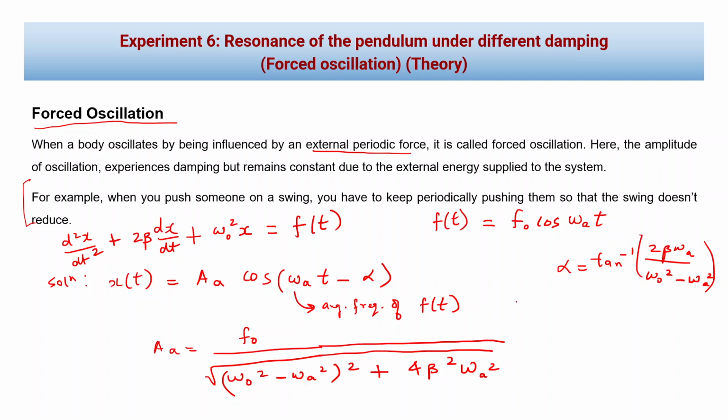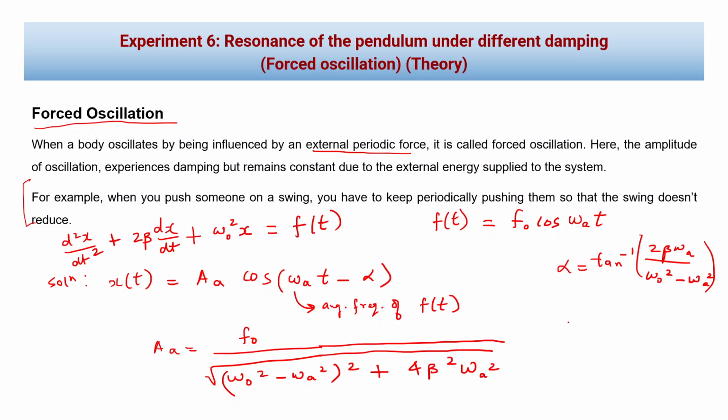This will be the phase, and for a fixed value of f naught, the amplitude will be maximum depending on omega a, the angular frequency of the periodic force that we are applying. If this omega a becomes equal to the natural frequency of this system, then this expression will become 0, right? And the amplitude will get its maximum value.